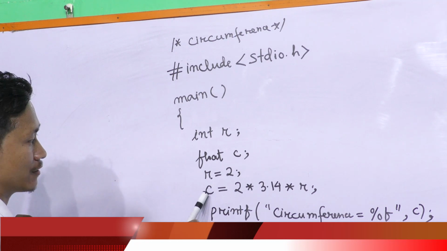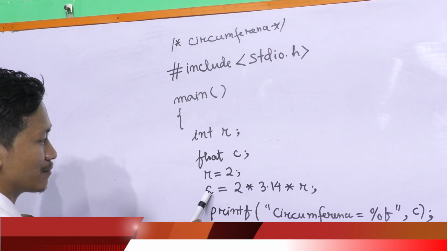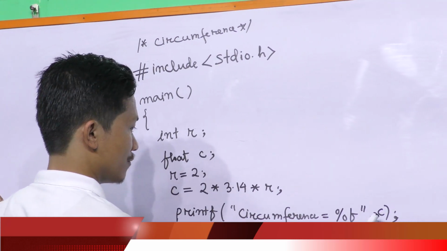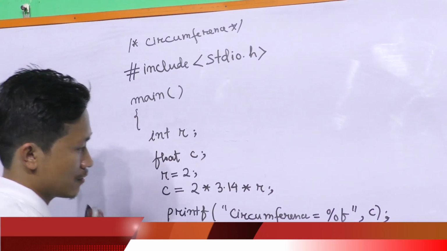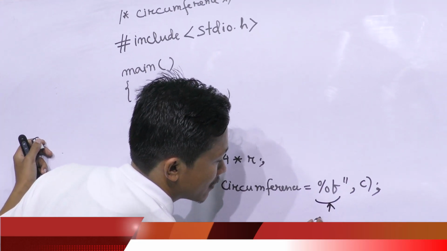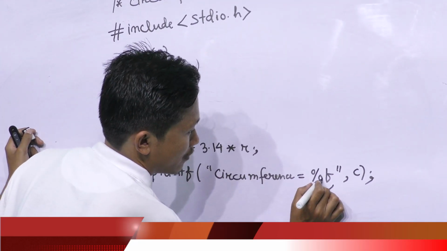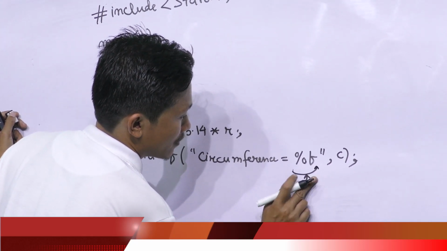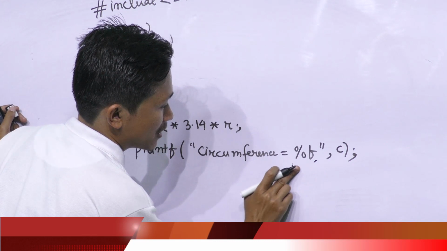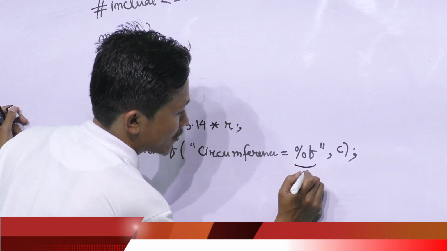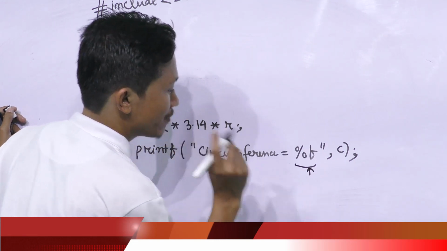After it, we are calculating the circumference by using this formula, and then we are printing the value of circumference. Here I have used %f. This is known as a format specifier. I will explain in detail in the next lectures. It signifies that the value to be printed here should be a floating point number.